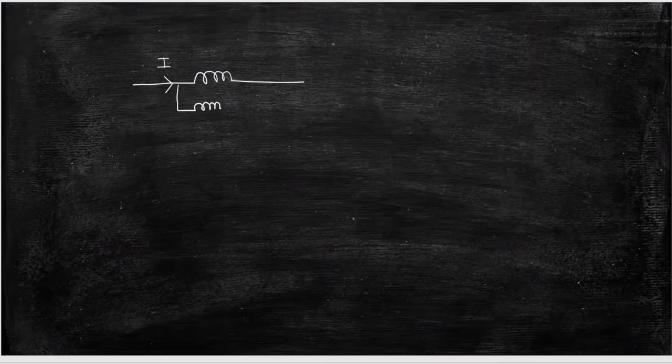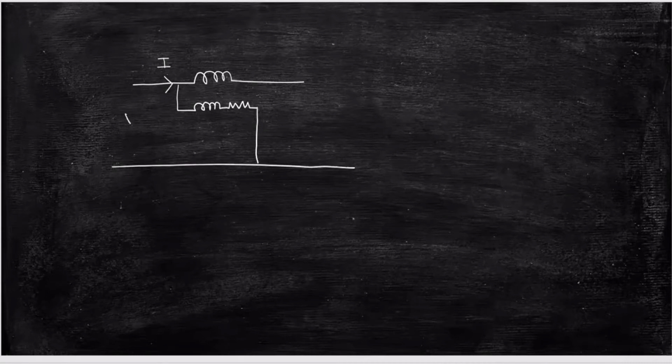That's why in a wattmeter we will have one coil to take the current input, and one more coil with some resistance, and this coil will hold the voltage. So 2 coils are there.